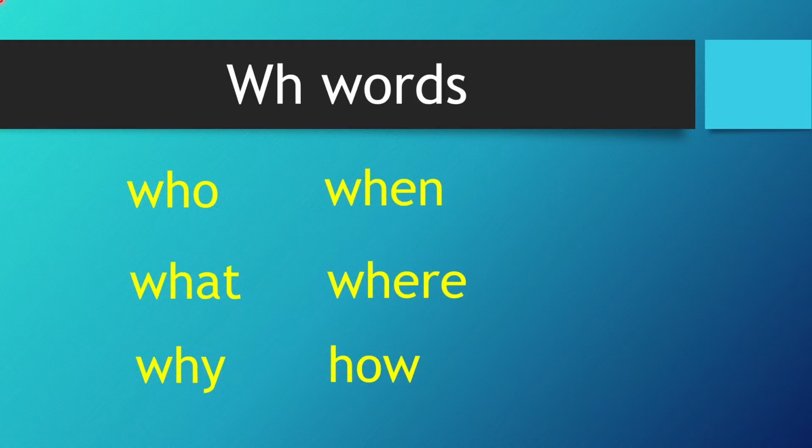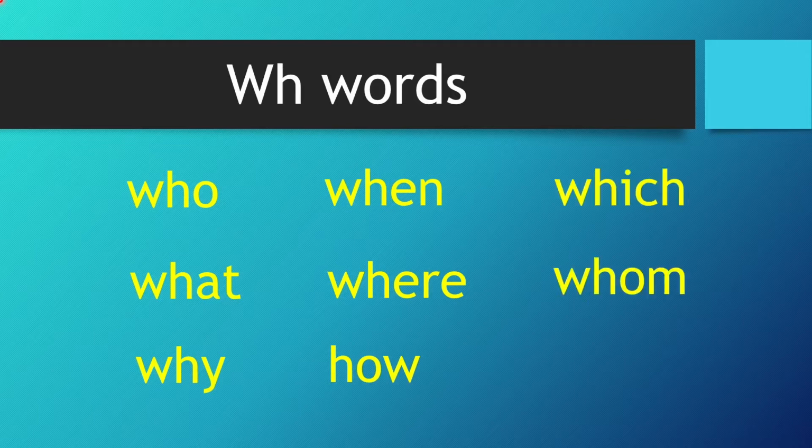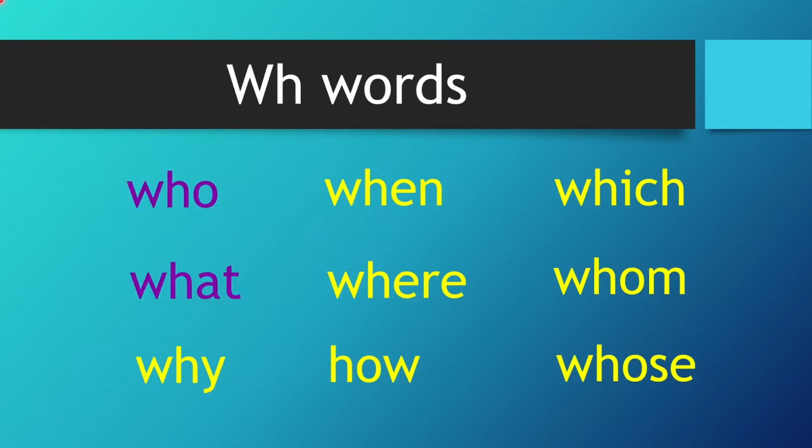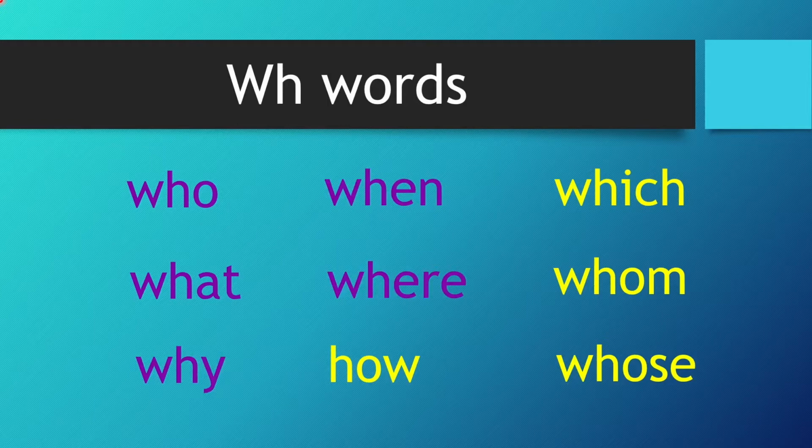These are the most commonly used WH words in English. There are a few more: which, whom, whose. But today we will practice only who, what, why, when, and where. Rest of the WH words will be used in part 2 in my next video.